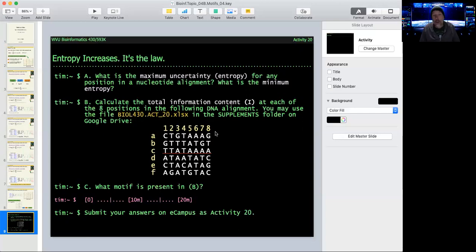To help you get started, I've provided an Excel spreadsheet, BIOL430 Act 20 XLSX. This is in the supplements folder on Google Drive. You may use this spreadsheet, fill in the blanks, do the calculations, and turn that in as your activity 20 answer.